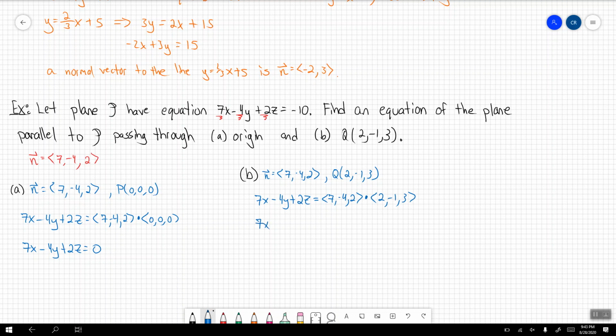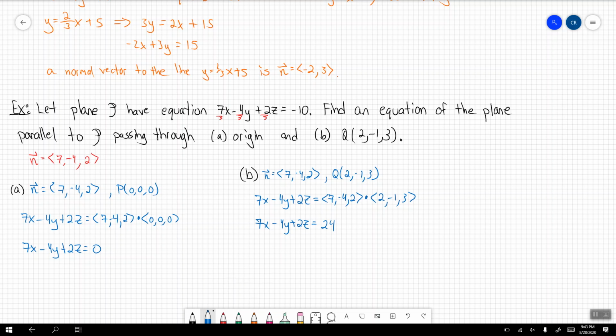All I need to do is simplify. 7x minus 4y plus 2z is equal to this dot product, that's a scalar. So it's going to be 7 times 2, that's 14. Negative 4 times negative 1, that's 4. So 14 plus 4 is 18. And then 2 times 3, that's 6. 18 plus 6 is going to get us 24.